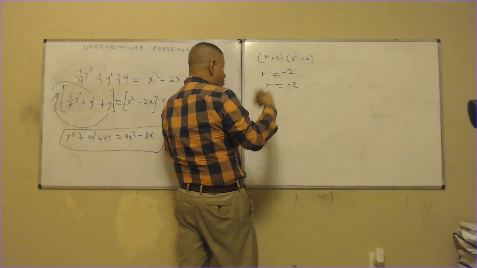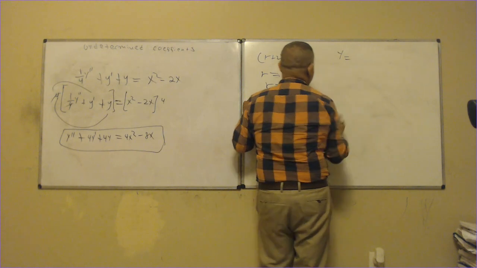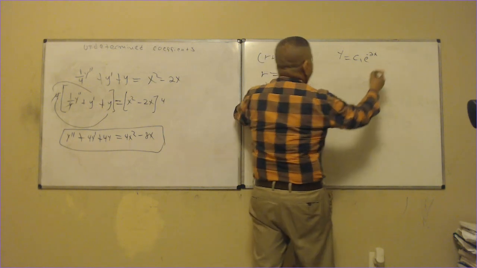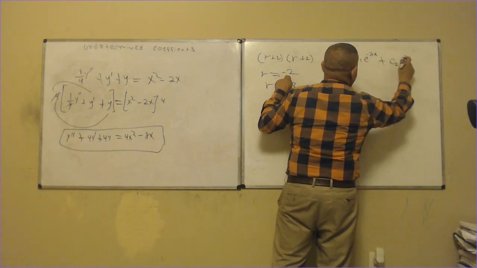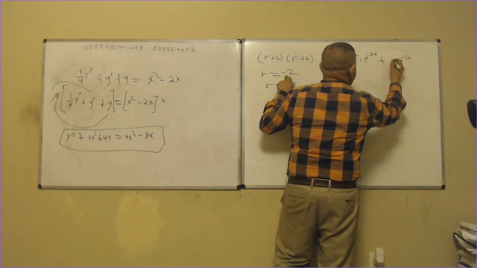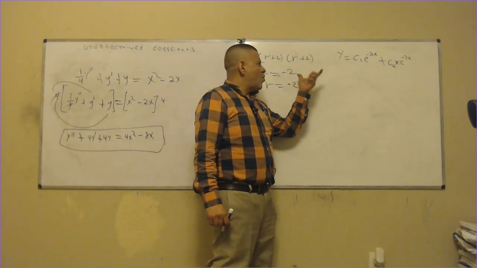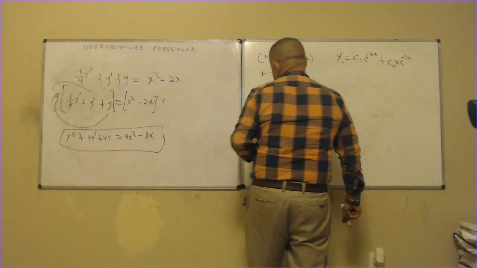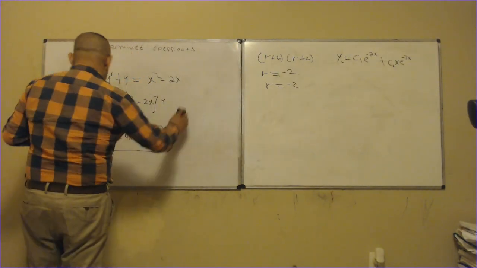Again, we have repeated roots, so y sub c is going to be equal to c1 e to the minus 2x plus c2 e to the minus 2x. But remember, because we have repeated roots, I need to add an x over here. And that is our y sub c, our complementary solution. Okay, so let's work this out.